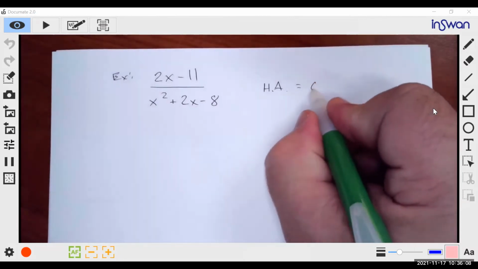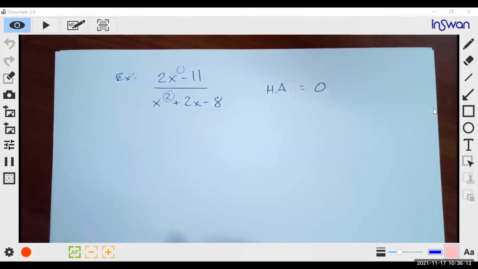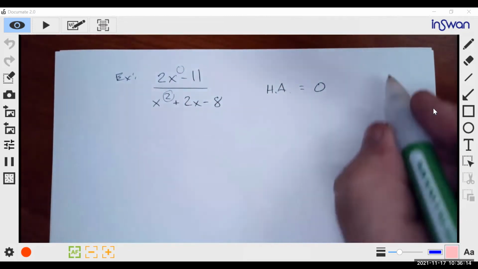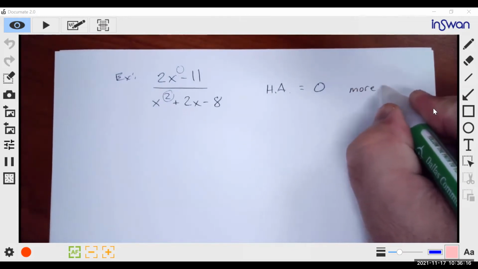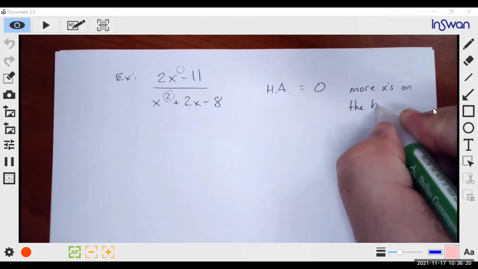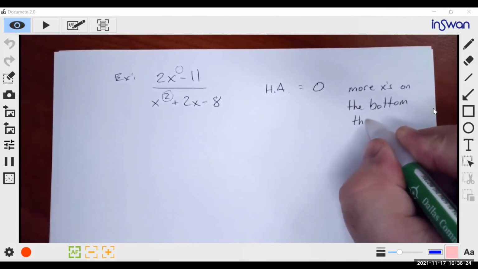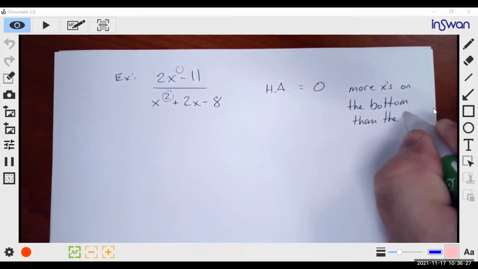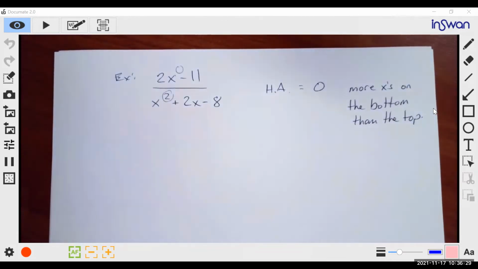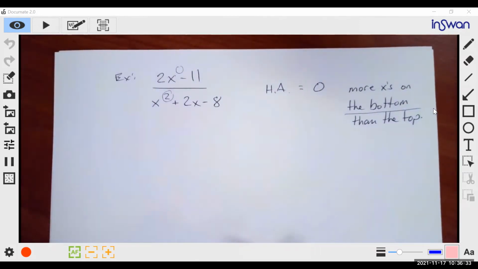Yep. Because there's more x's on the bottom than the top. Yeah, she just said there are more x's on the bottom.